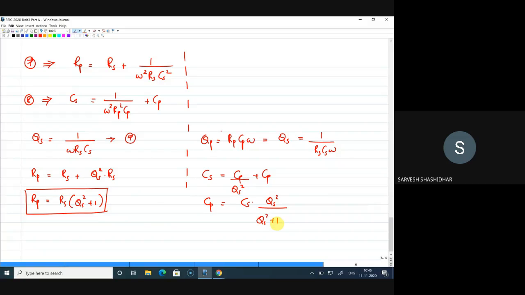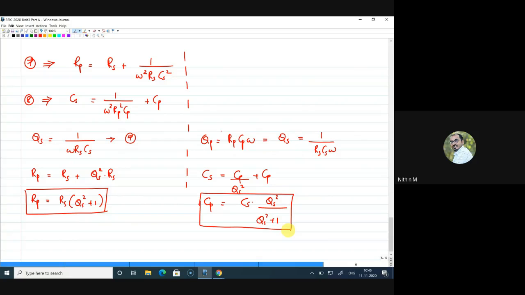Both are equal, both Rp Cp omega is equal to, that condition I have taken to express both in terms of the series Q factor element. So this is the Cp value, right?